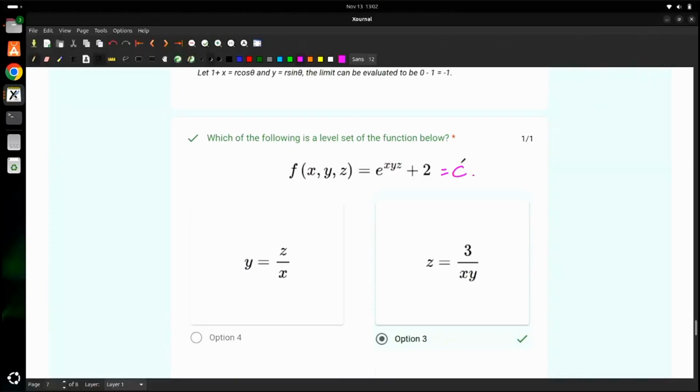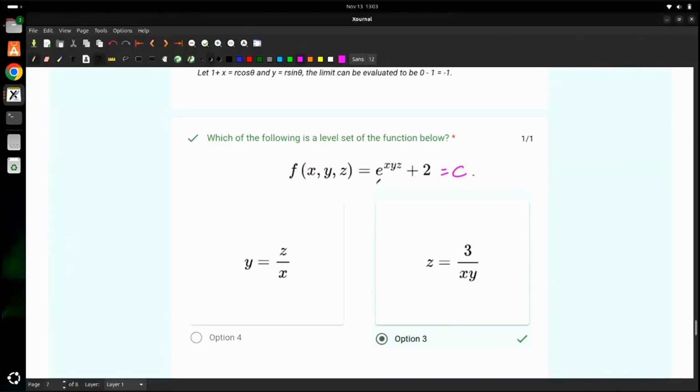Now the question is which of the following conforms to a value of c that could be in the range of this expression. Remember, the constant c has to be in the range of f, or else how can you let f equal c if f cannot even attain the value of c in the first place? So you need c to be in the range of f.